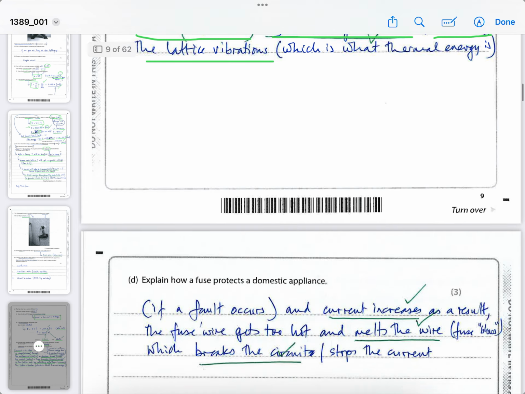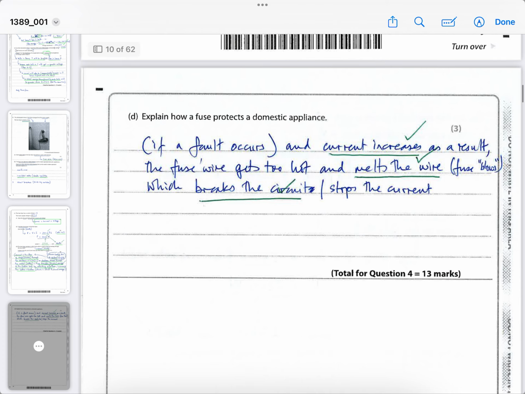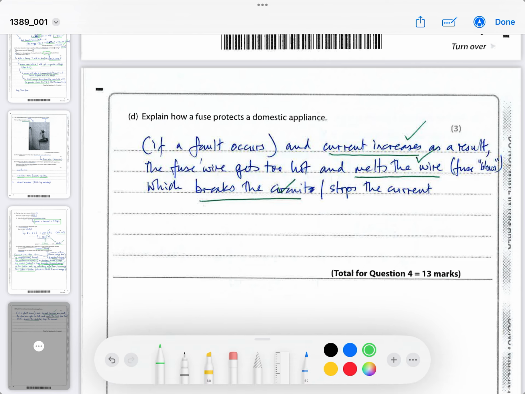Okay, so we're coming through to the final part of this question, and you have to explain how a fuse protects a domestic appliance. Okay, so if a fault occurs, as I explained to you before, the current increases dramatically as a result. Now, when you have a fuse, you must also have an earth wire. What happens is the current increases suddenly, the fuse wire gets too hot and melts.